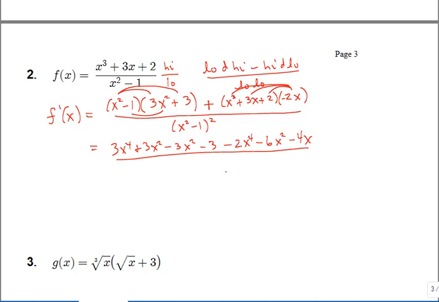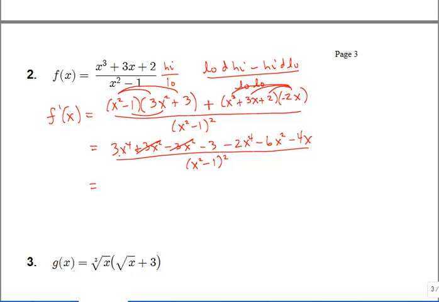Now it's only in the numerator where I really need to FOIL out, because that's where potentially some like terms could combine or cancel out. In the denominator, there is no need to FOIL. Leave it in this factored form, this quantity squared, and don't bother trying to expand that. It's only the numerator that you need to worry about simplifying. In this numerator, it looks like our 3x squareds are going to cancel.